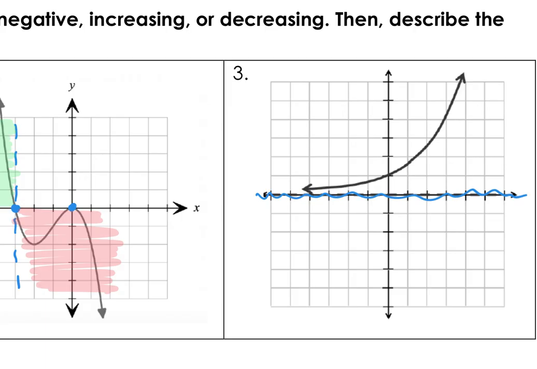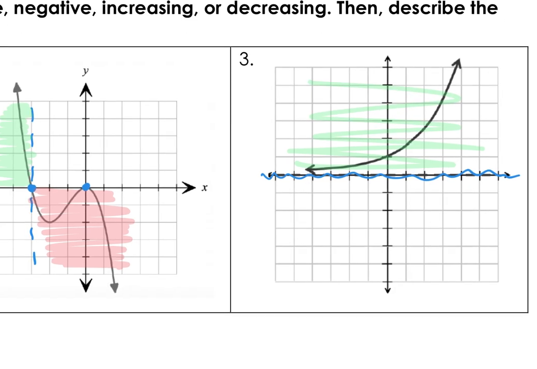No, because it's never crossing the x-axis, which means this graph is always positive. Every piece of this graph is going to be above the x-axis. It's always positive, right? So any x value from negative infinity to positive infinity, it's going to be above the x-axis. So this makes it really easy for us to look at.